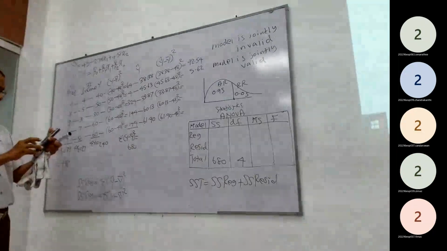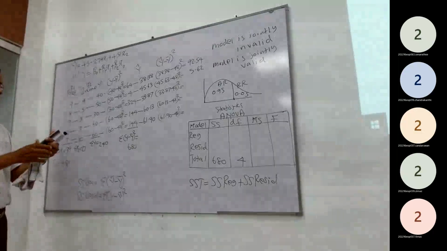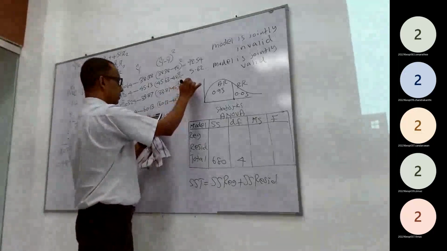33.87 minus 48, then take the square of that, 199.656.